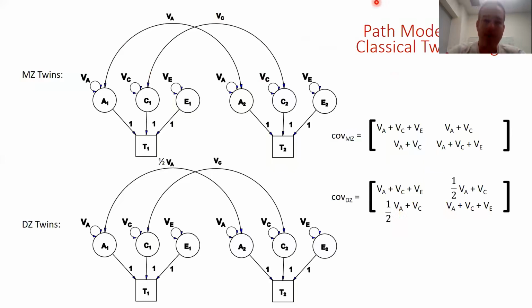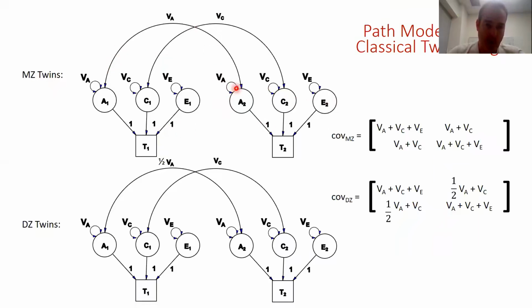How are we going to use that in our model to investigate the equal environments assumption? In this slide, I've put up a path model for the classical twin design that you would have seen in previous lectures in this course. This is a variance components formulation of the classical twin design, in that we are estimating the variance of the latent A, C, and E factors, and we are setting the path coefficients to 1.